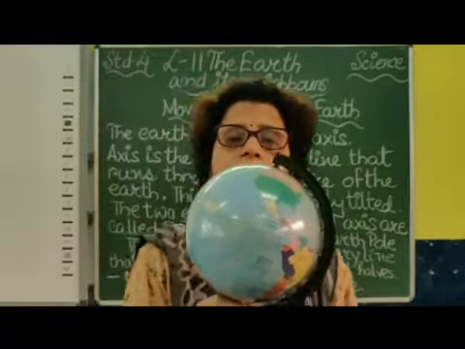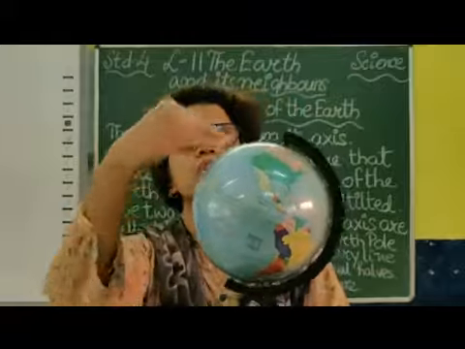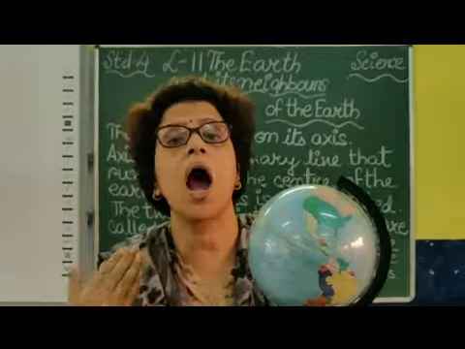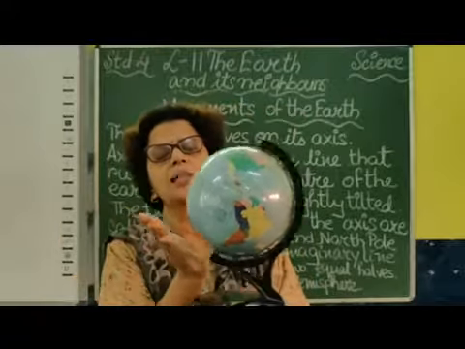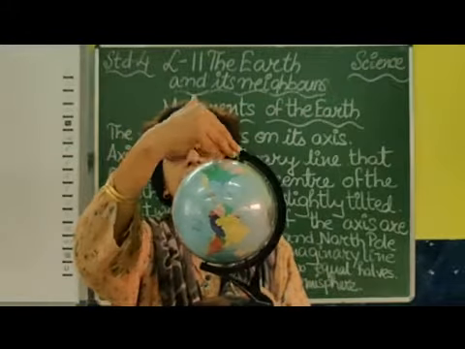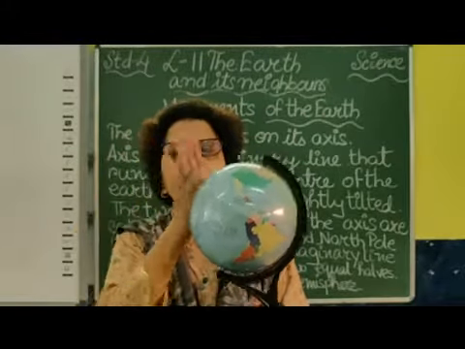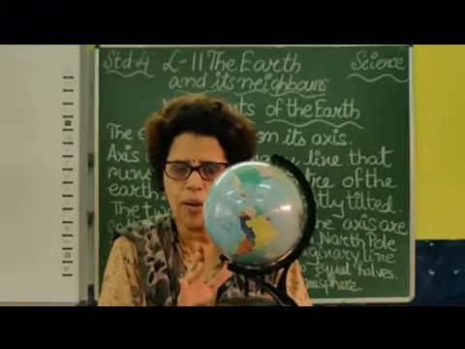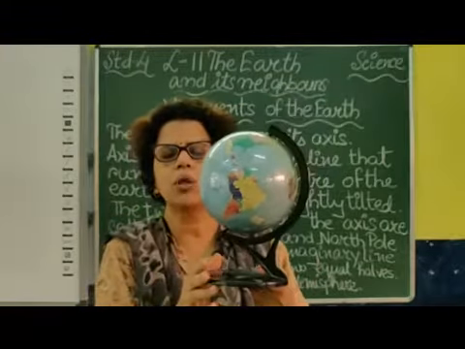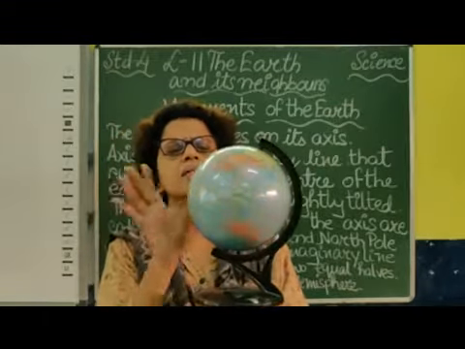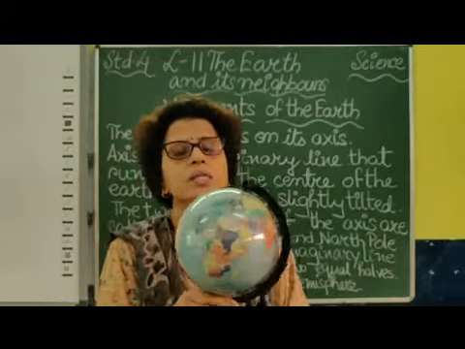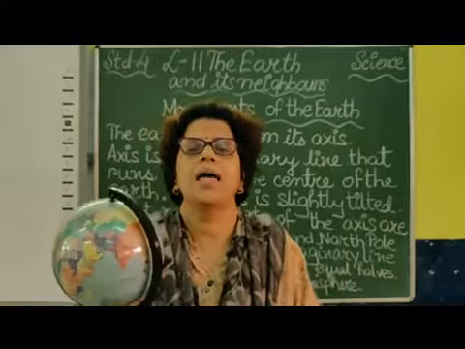Why have we drawn this imaginary line? To divide the earth into two equal parts or halves, and they are called the northern hemisphere and the southern hemisphere. The one towards the north of the equator is called the northern hemisphere, and the one towards the south of the equator is called the southern hemisphere. And the equator is the longest latitudinal line.